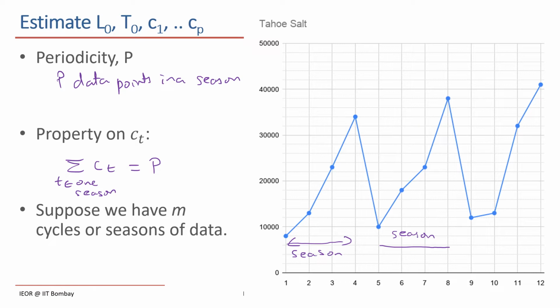For this forecasting work, we need at least 2 seasons of data. It will be good to have at least 3 seasons so that we can accurately model the seasonal component. If we have M seasons of data, the total data points would be M times P, where P is the number of data points per season. So the first initial step is to estimate what P and M are.